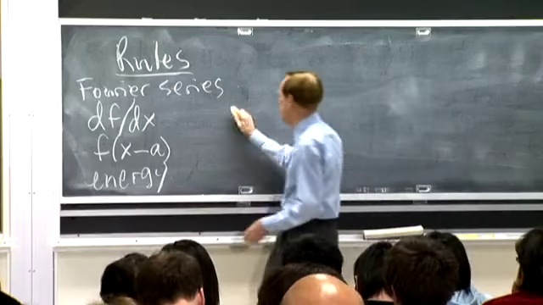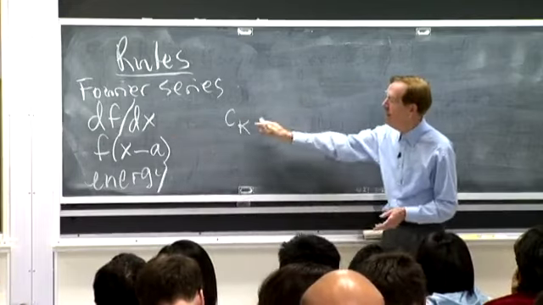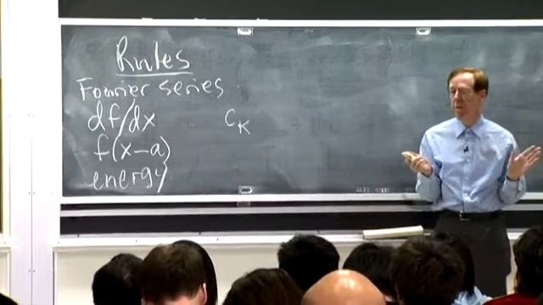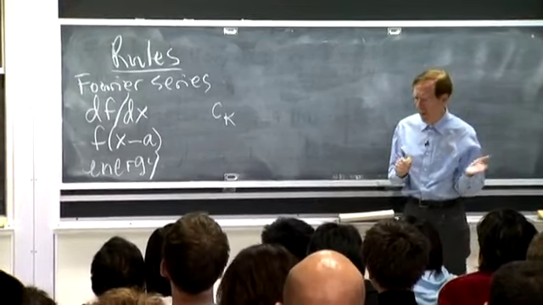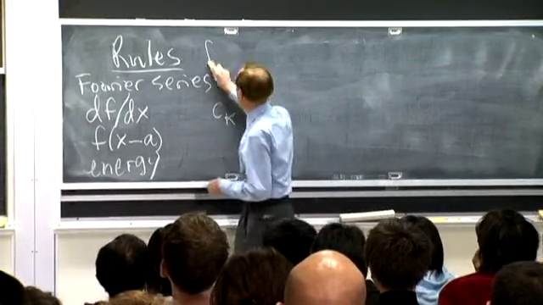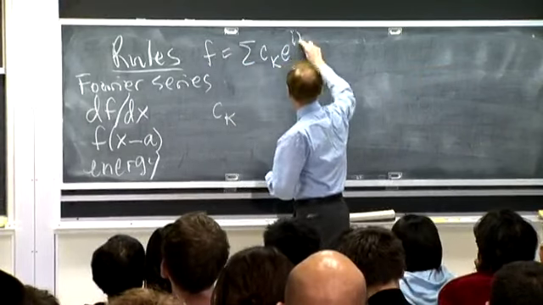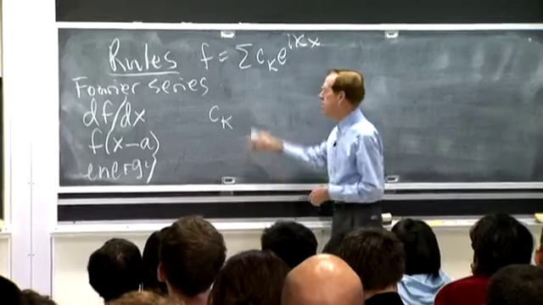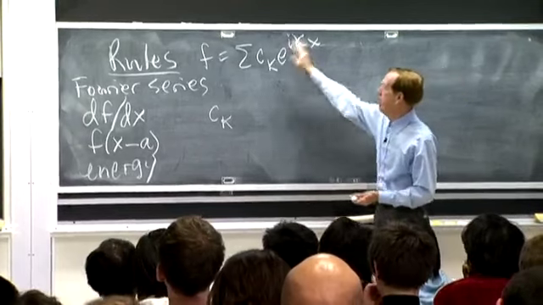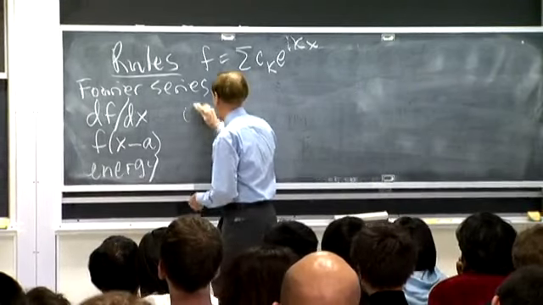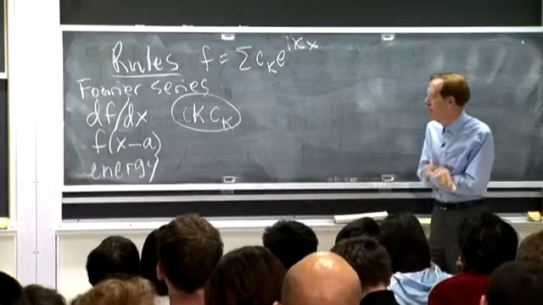This starts with coefficient ck, and for f, what are the coefficients for the derivative? Just remind me. If I'm starting with f of x equals sum of ck e to the ikx, and now take the derivative, down comes ik. So you remember that rule. Those are the Fourier coefficients of the derivative.